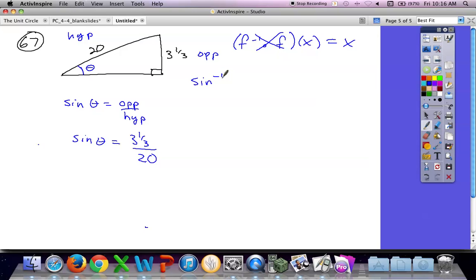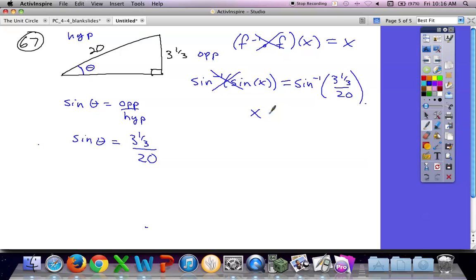Sine inverse of sine of x equals sine inverse of 3 1/3 over 20. On this side, the sine inverse and the sine cancel, and now you solve for x.